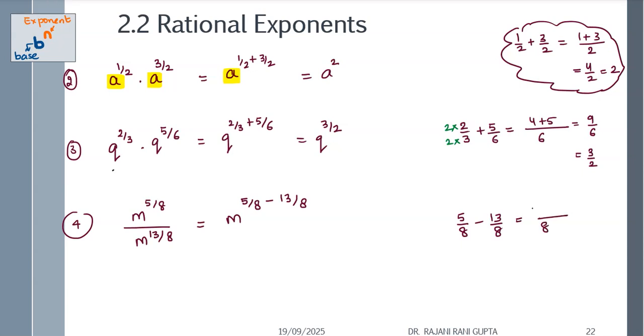Denominator is the same, so 5 minus 13. How much is 5 minus 13? Minus 8 over 8. Cancelling this gives you minus 1. So this gives you m to the power minus 1. This is not the simplified version, so you can write it as 1 over m.